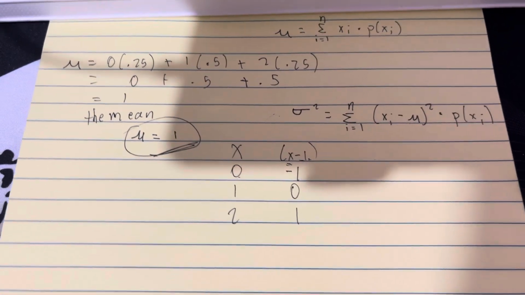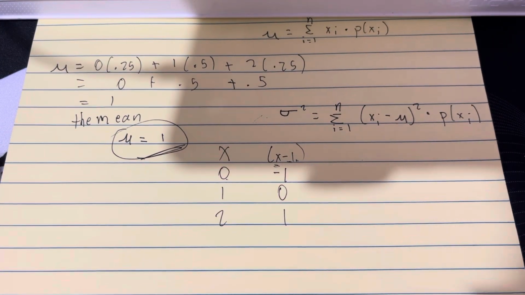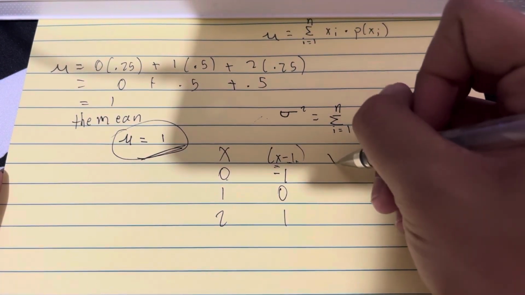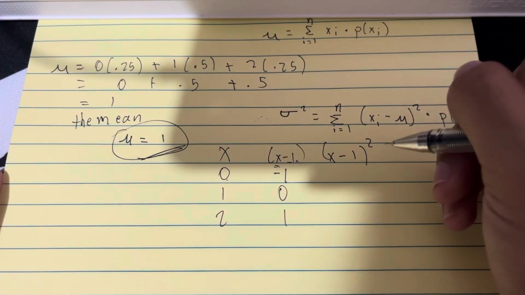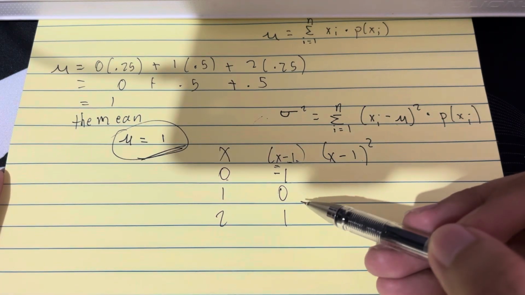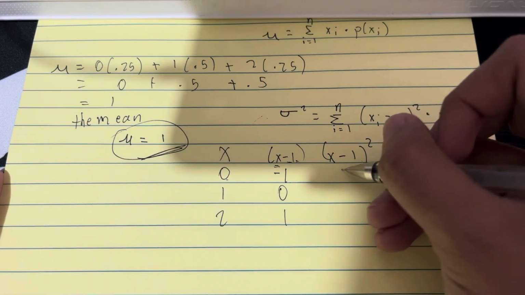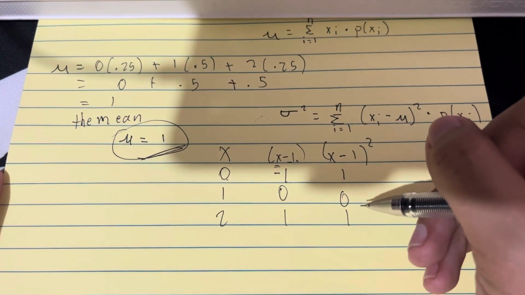Alright, moving forwards. Which is x minus 1 squared, which is just, after we get this, we just square it. So negative 1 squared is 1, 0 squared is 0, and then 1 squared is 1.